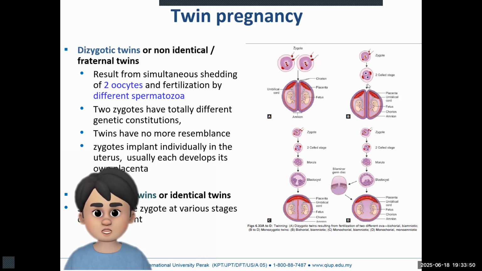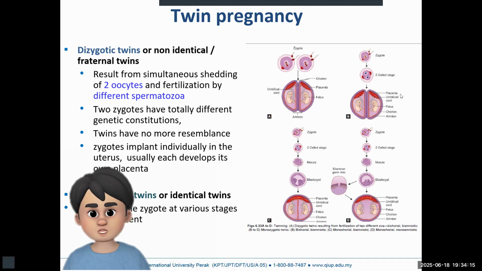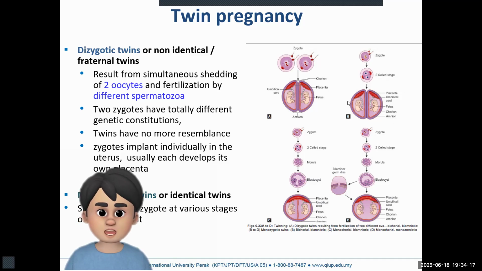Simply put, it breaks into two, though it's not good to use the term break. But remember, this is the final result. From the zygote, or from the two-cell stage, you don't get a human form like that, but this is the outcome.